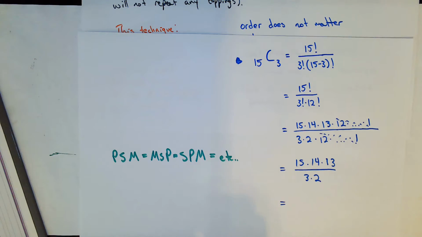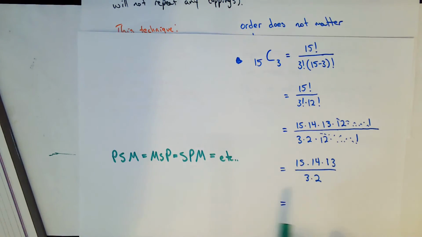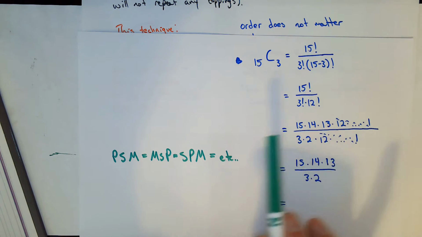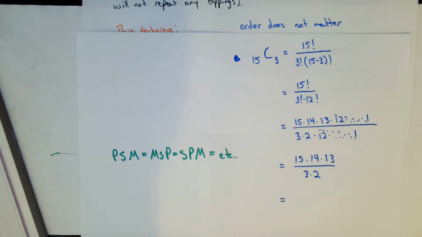These should all only count as one choice. And this magical little combination thing makes it so that we don't double count or triple count or quadruple count things we only want to count once. That's what this division by 6 does here.